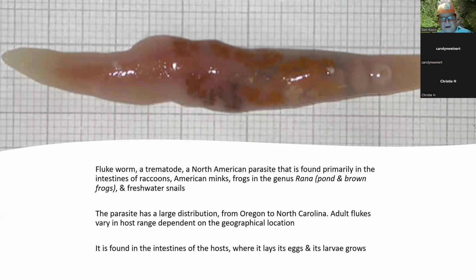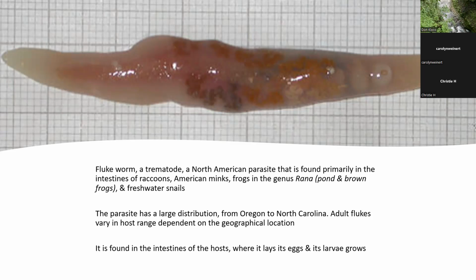So next, and this is very common actually, this is the fluke worm, which is a trematode. It is a North American parasite that is found primarily in the intestines of raccoons, and in addition, in American minks, pond and brown frogs, and freshwater snails. They are mostly found in the raccoon intestines and in the freshwater snails.